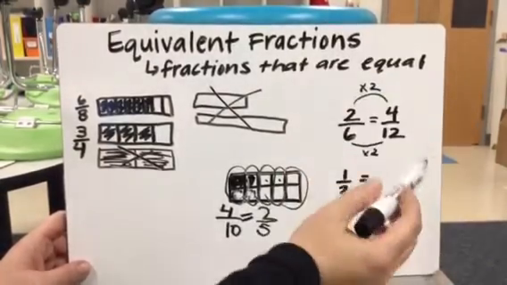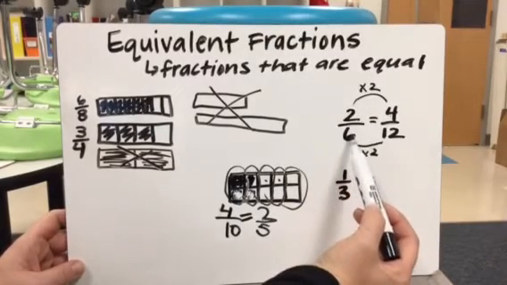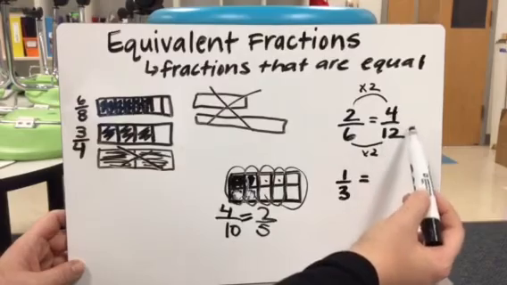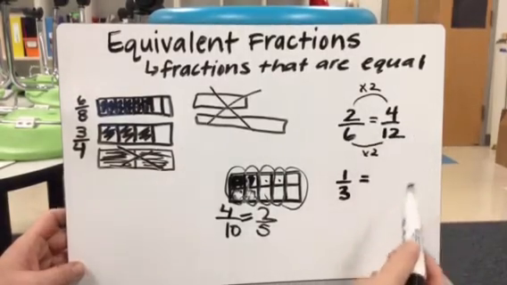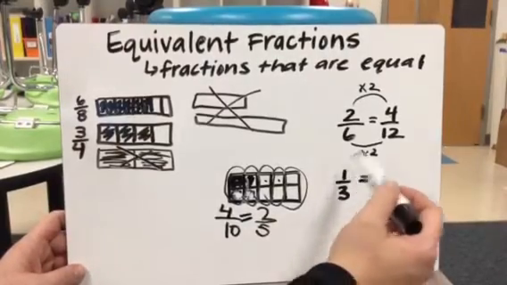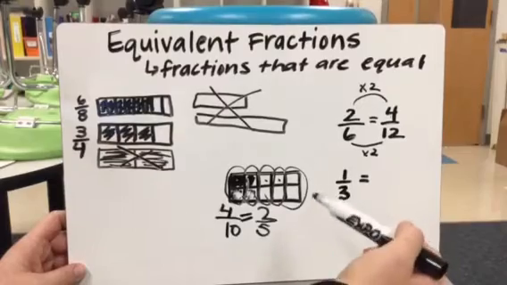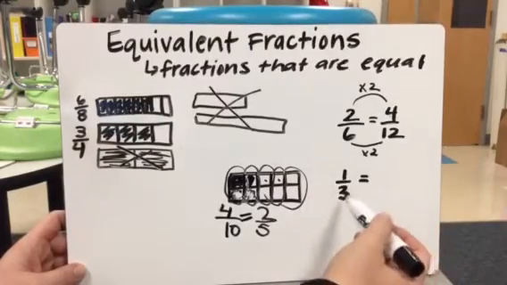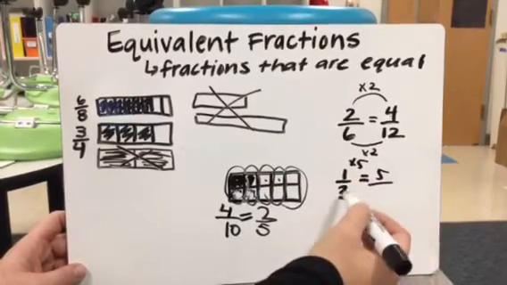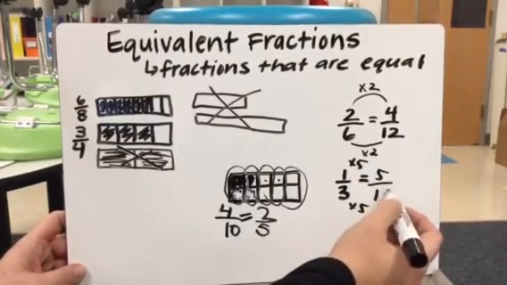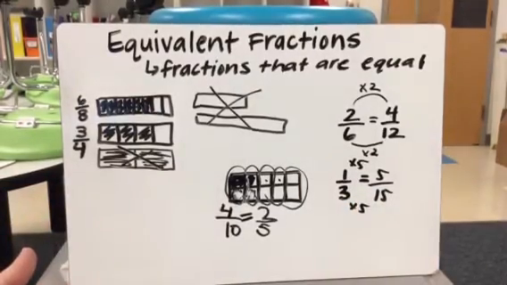Or you could also look at it this way. Since 2 times 3 gets me 6, and 4 times 3 gets me 12, you could also see them as equivalent fractions. So if you're given a fraction, you want to use the multiplication method, just multiply the numerator and the denominator by the same number, and it'll give you an equivalent fraction. So here I could do 1 times 5 is 5, and 3 times 5 is 15. So 1/3 and 5/15 are equivalent, okay?